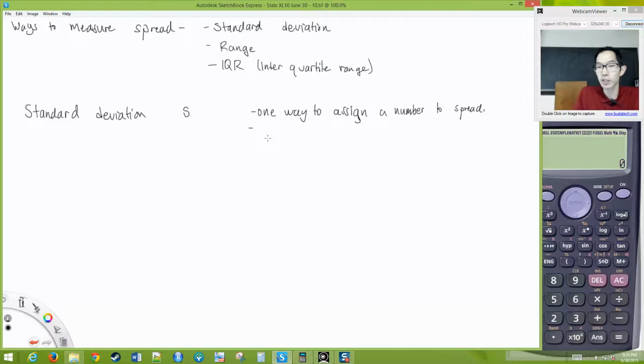So the standard deviation, we can think of it as the average, and it's not exactly the average, so I'm going to put this in quotes, the average distance data points are from the mean. Okay, so we have data points, and we're talking about the average distance that they are from the mean.